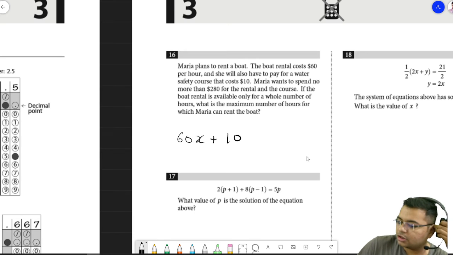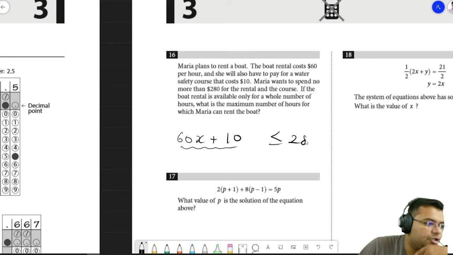Now, Maria wants to spend no more than $280, so the total costing should always be less than or equal to $280. Fine. Now I can solve this.